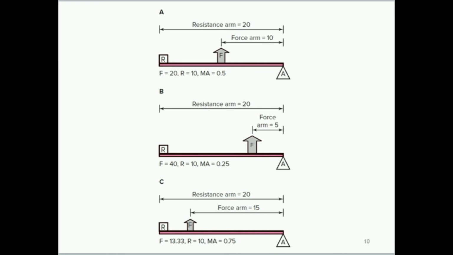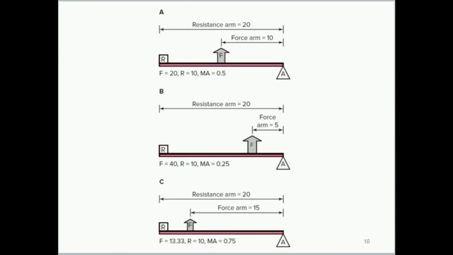And as you push this force closer and closer to the axis, where it's probably around here for the bicep, it's going to end up being about 80 to 100 newtons of force required to lift that same 10 newtons of resistance. So the key here is if you take that force or the attachment point of the muscle and move it closer and closer to the axis of rotation for third class levers, you have to provide more and more force from the muscle just to lift the same resistance.